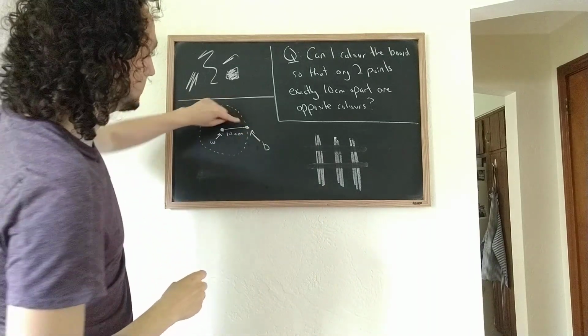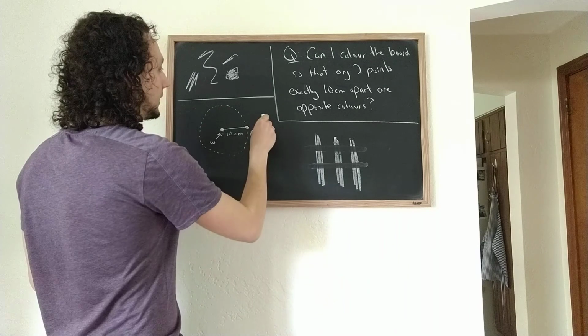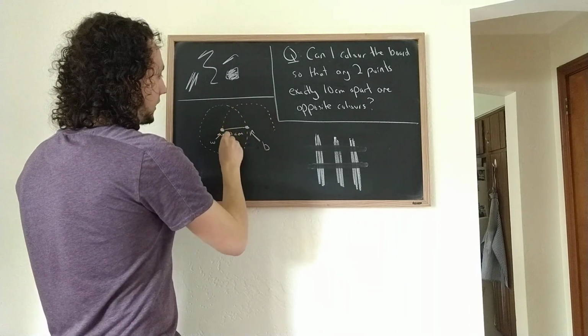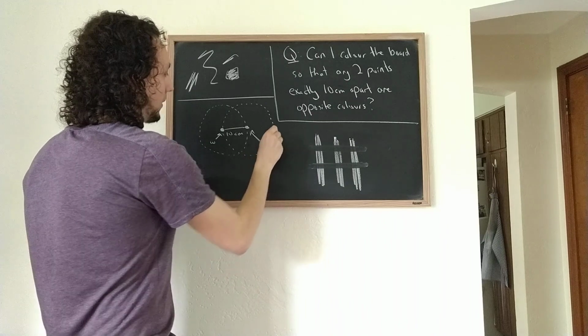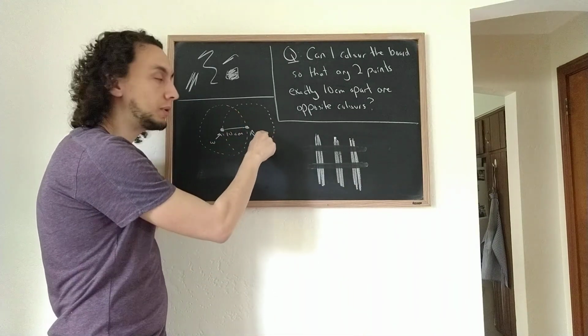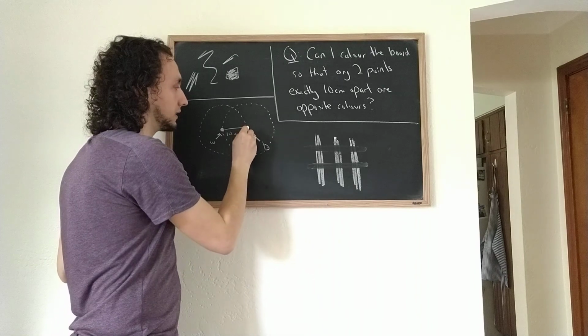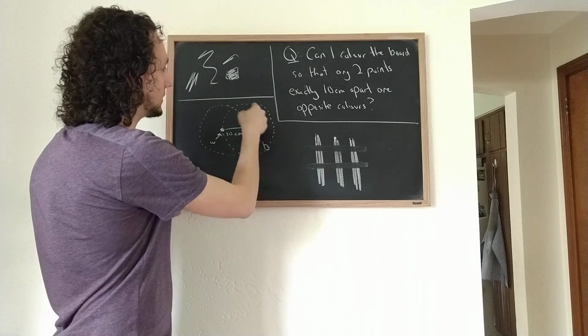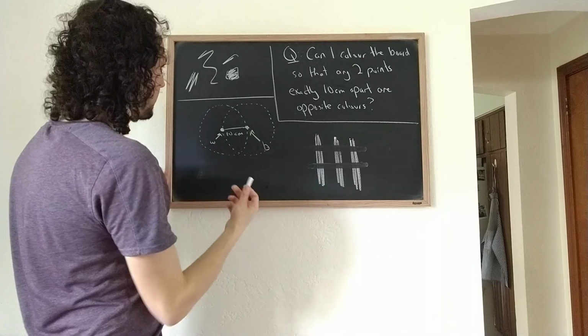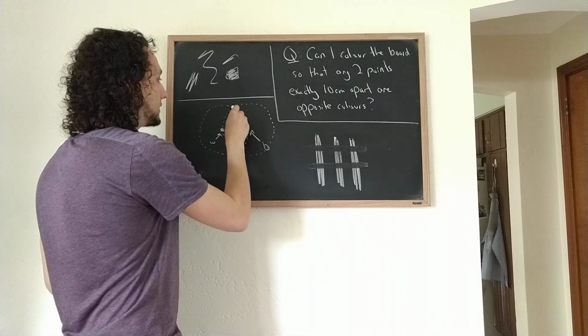Right, so if this point here is white, then this point here has to be black. But if this point is black, then by the same reasoning, if I draw a circle around it, every point on this second circle that I drew has to be opposite color to the center point, which means every point on the second circle that I drew has to be white. Now I have a problem because these circles intersect.